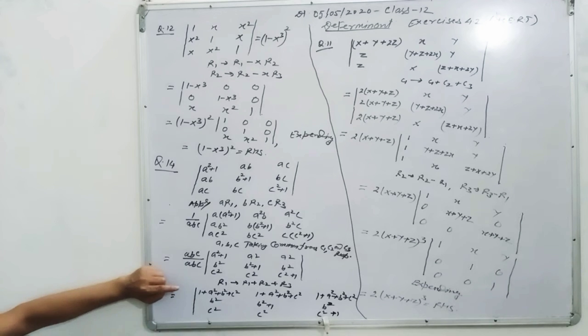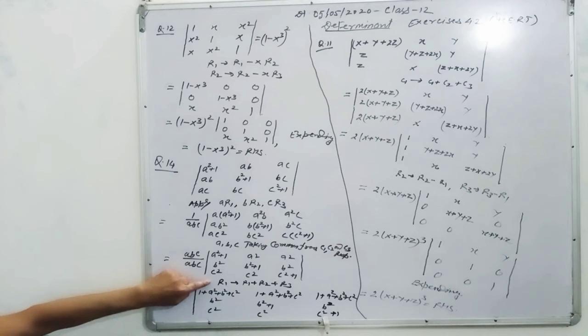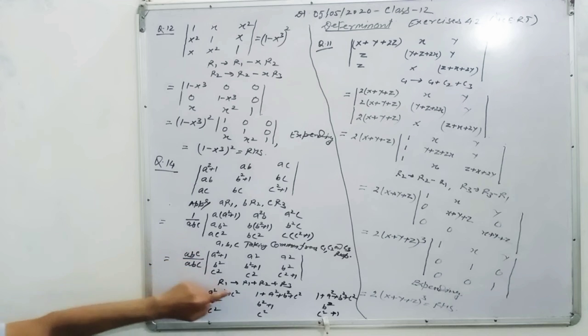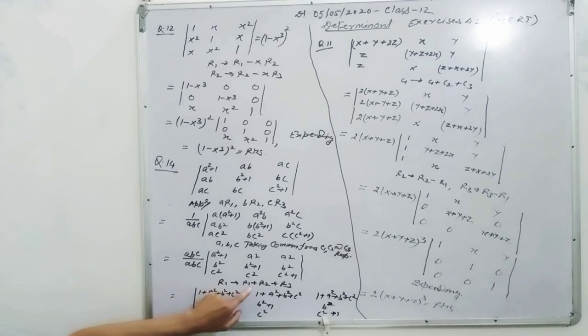So for this result, apply R1 tends to R1 plus R2 plus R3. In R1 adding R2 and R3. Then in R1 you will have, after applying this, 1 plus a square plus b square plus c square in each place, and R2 and R3 will be same.